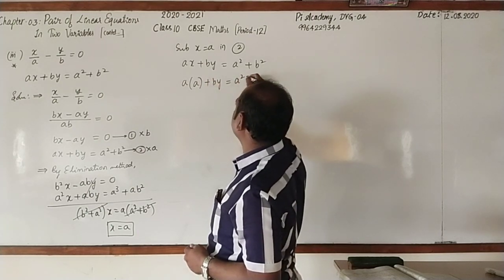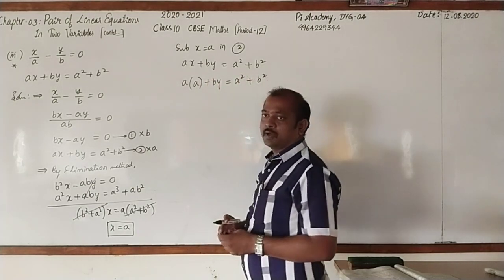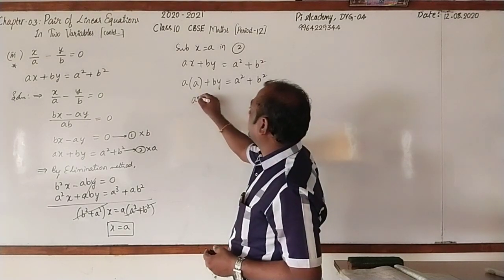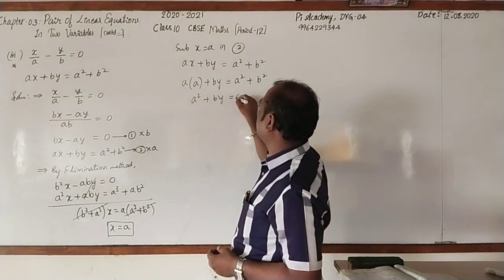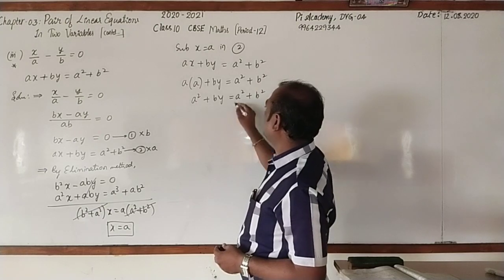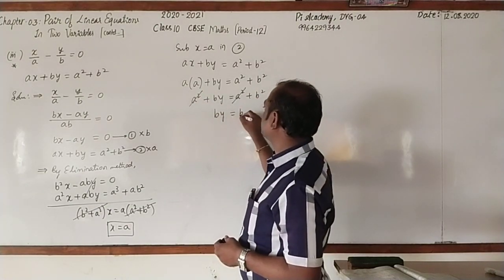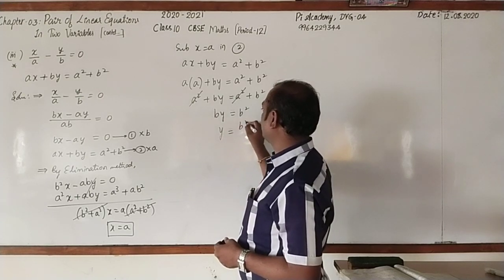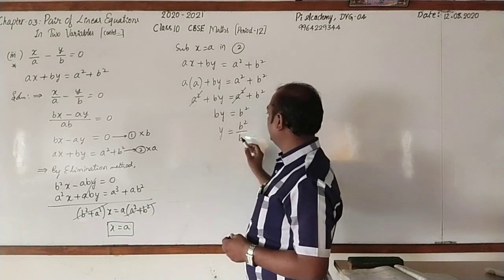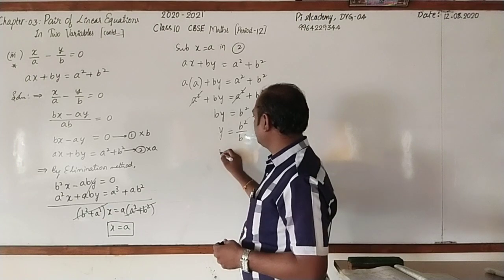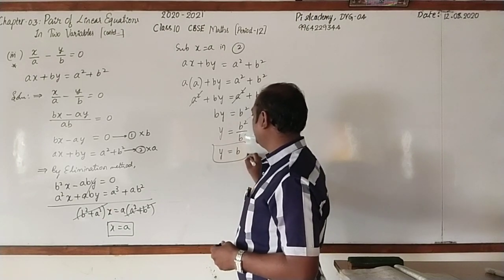This is equal to a square plus b square. Now a into a, a square, plus by is equal to a square plus b square. a square gets cancelled. by is equal to b square will remain. Then y is equal to b square by b. b and b cancel. y is equal to b.